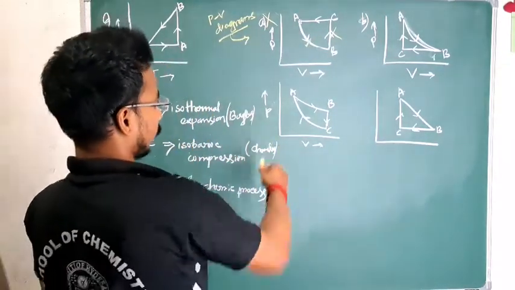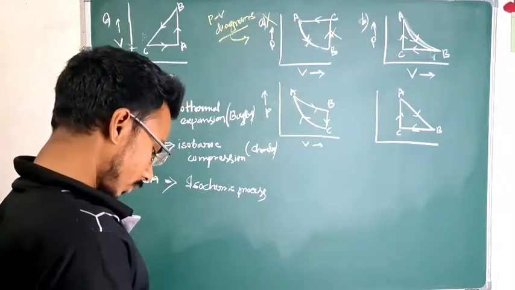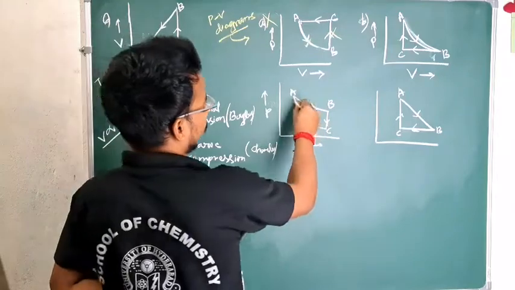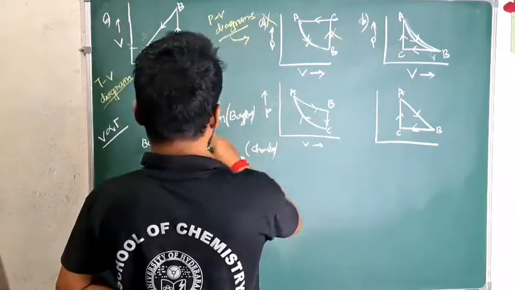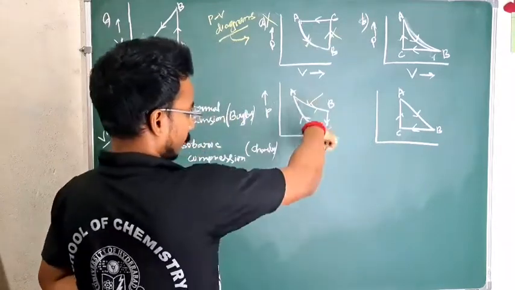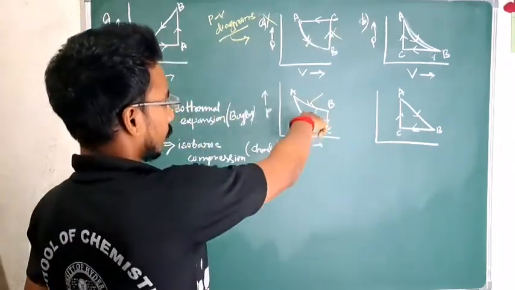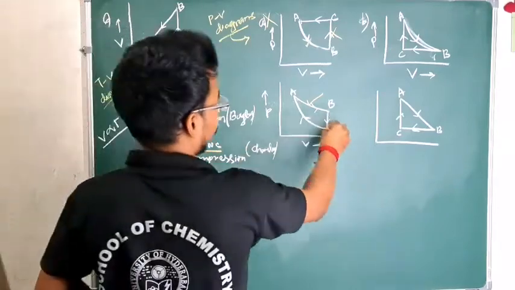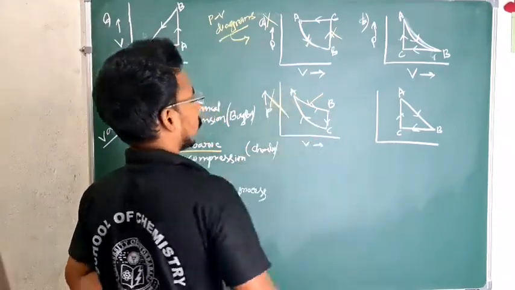Okay, let me look at this one. AB is looking like an isothermal expansion PV graph. Yes, this is correct. BC is looking like, what is it? Isobaric. But pressure is decreasing. This is also wrong.